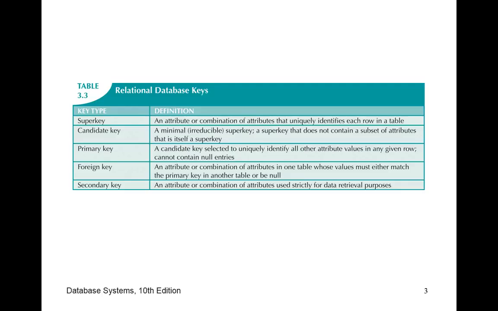They also cover in chapter 3, on table 3.3 and around there, primary keys and foreign keys that we talked about earlier in the semester in Oracle, but they've added a couple of new keys that you might want to acquaint yourself with. First is the super key, candidate key we've already talked about, and the secondary key.